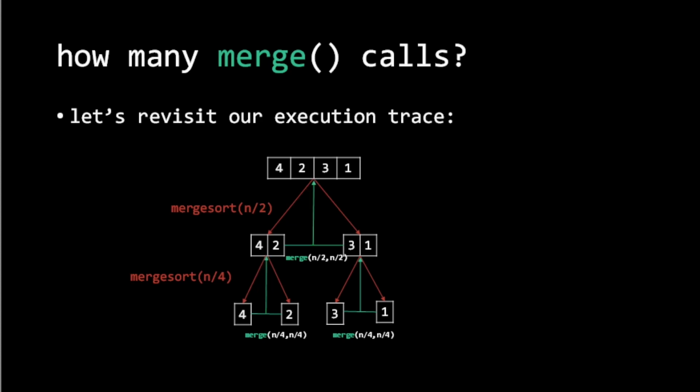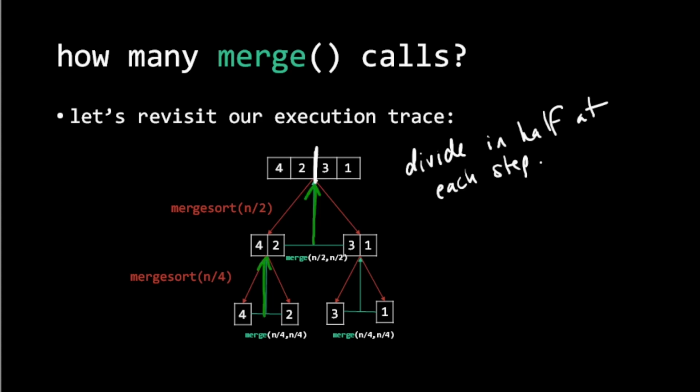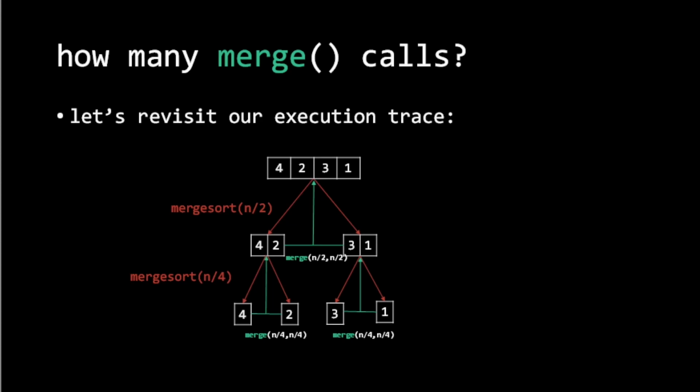Looks like I accidentally copied these slides, so let me use this clean one. So there will be one merge of size n over 2, n over 2, and then two merges of size n over 4.